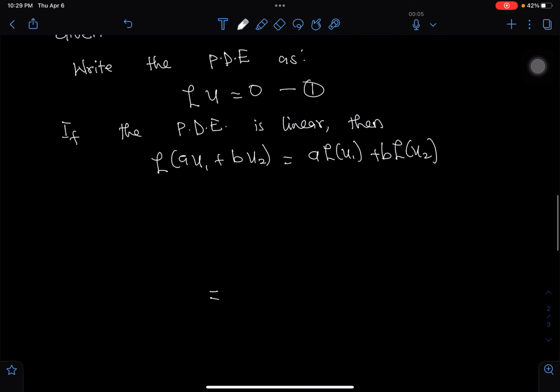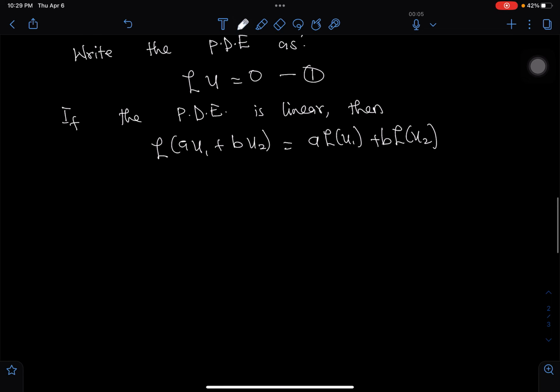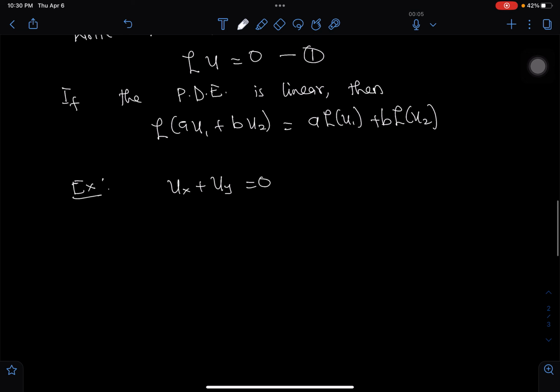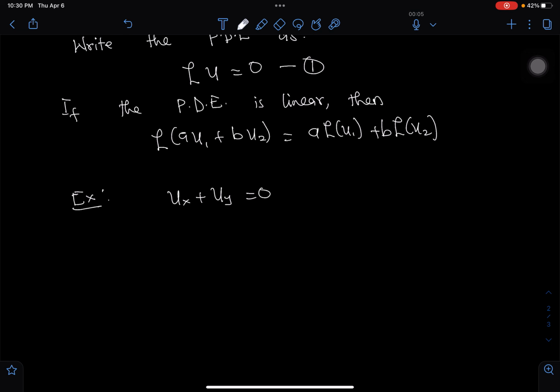So how does this come into play in a real example? Let's say I'm given the example u_x plus u_y is equal to 0, and this is going to be a transport equation with a speed of 1. You're going to see all these things, but here we are trying to write this as L u equals 0.